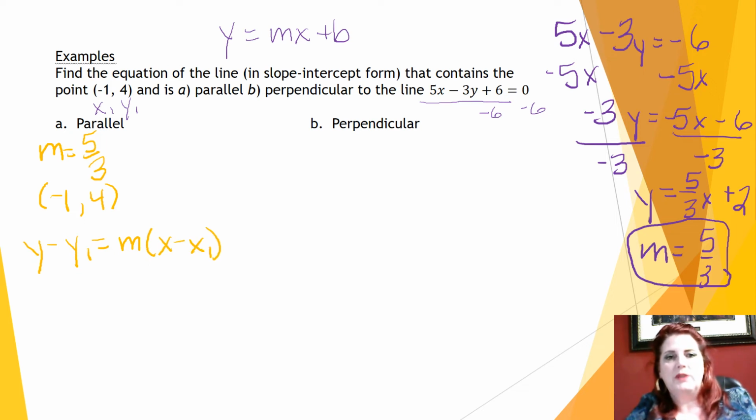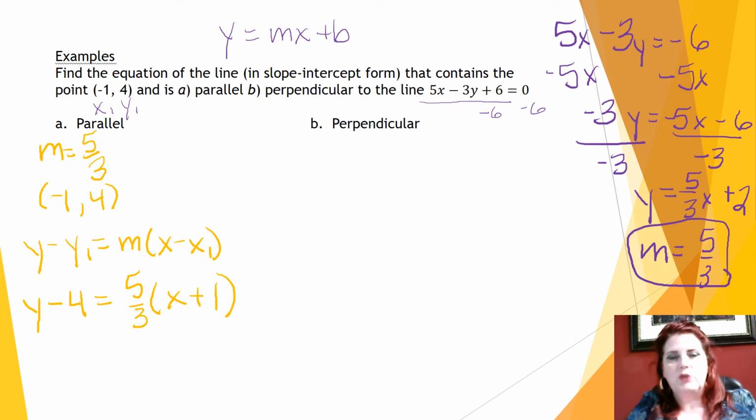And we're just going to put that information in. So we have y minus, and y1 was 4, equals 5/3, that slope, times x minus a -1, which is the same thing as x plus 1.